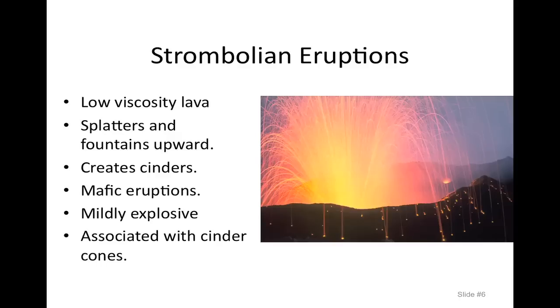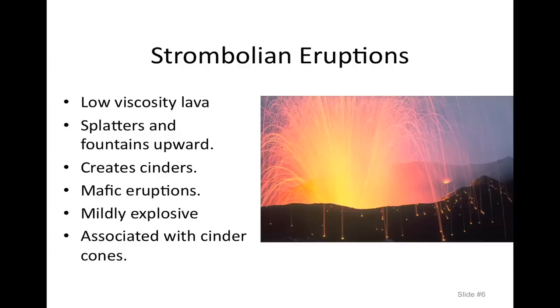Basically, those little blobs of magma that are flying through the air solidify midair and land and pile up and create what's called a cinder cone. So we'll talk about cinder cones in the next segment of this lecture. They are also always mafic. These eruptions don't happen with any other kind of composition material.